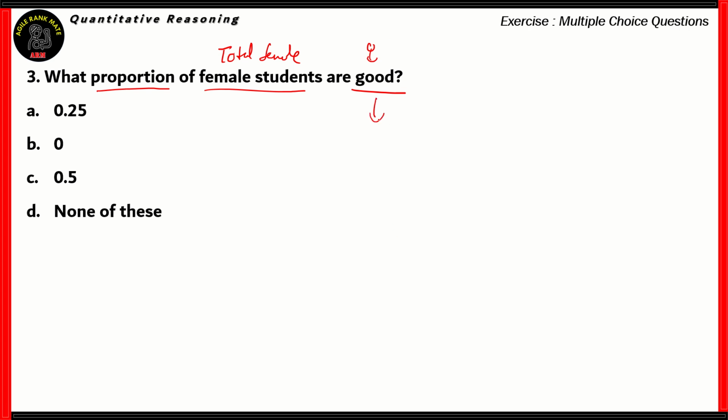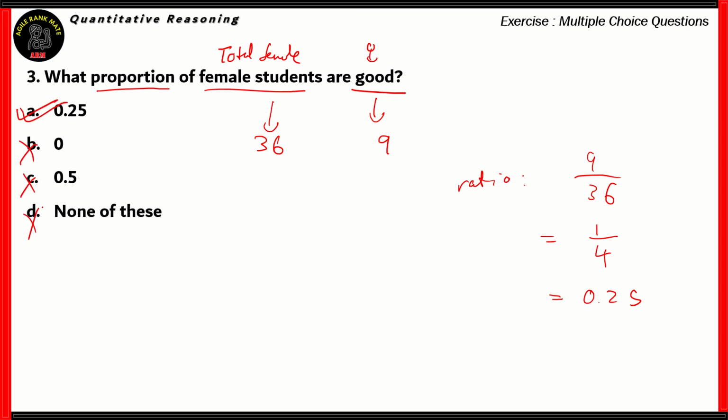The number of good female students is equal to 9. The total number of female students is equal to 36. So the proportion here turns out to be 9 over 36. 36 is divisible by 9, so the ratio boils down to 1 over 4, which is equal to 0.25. So therefore, option A is the right answer once again.